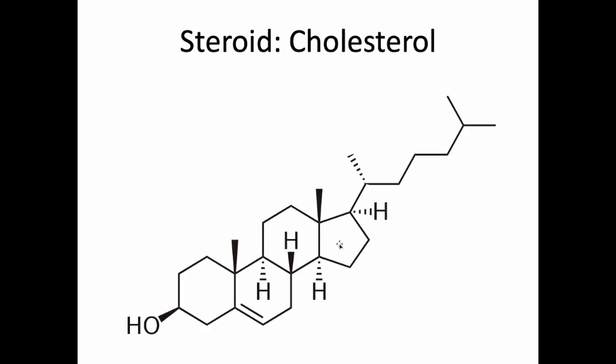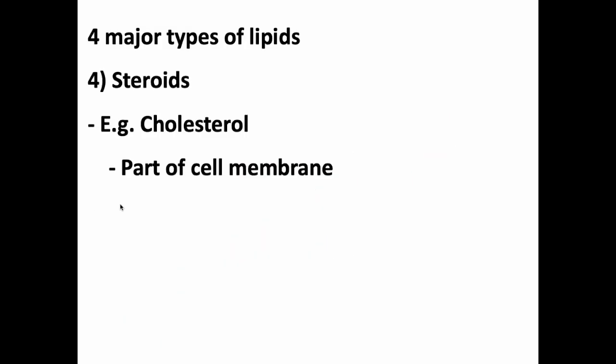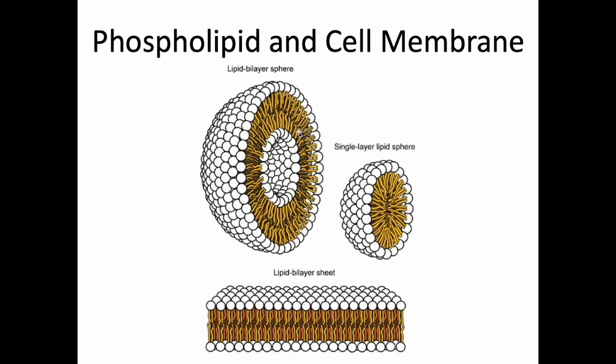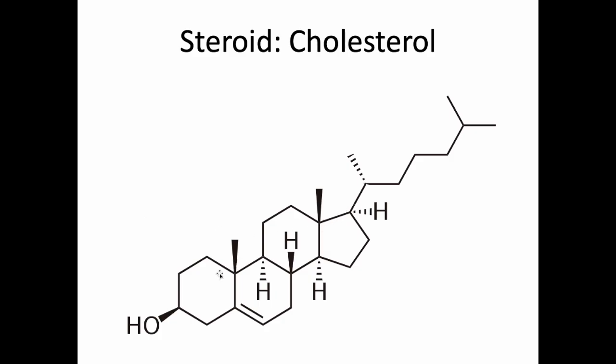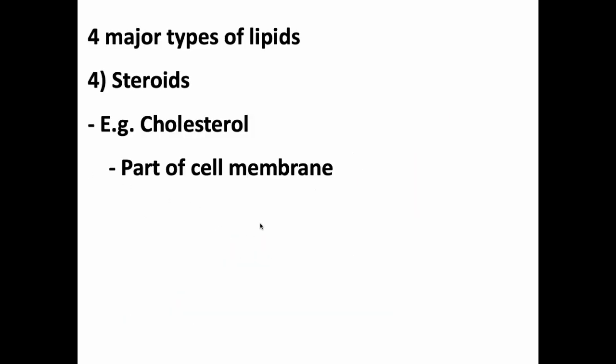Yep, 4 fused rings, that's a cholesterol. Cholesterol is actually part of the cell membrane. So yeah, going back to this again, the cell membrane is mostly phospholipids, but when we look at it more closely in the next chapter, I believe, we're going to see cholesterol in there as well. So some steroids like cholesterol just help stabilize the cell membrane, part of this cell membrane structure.